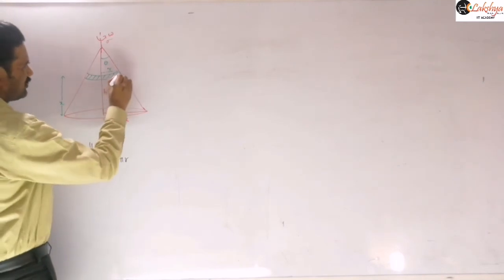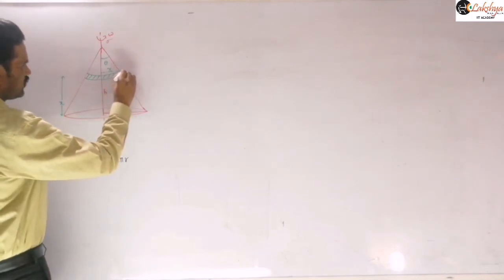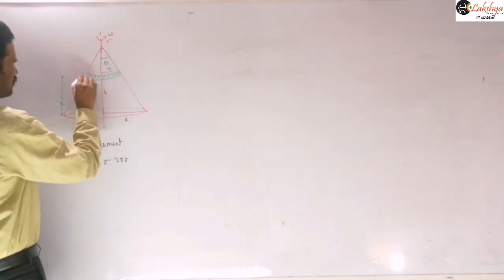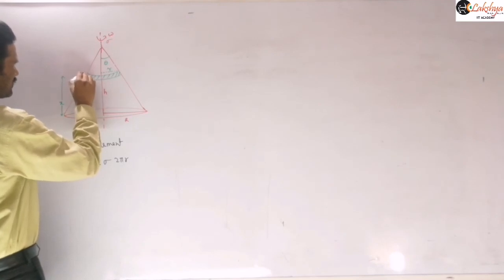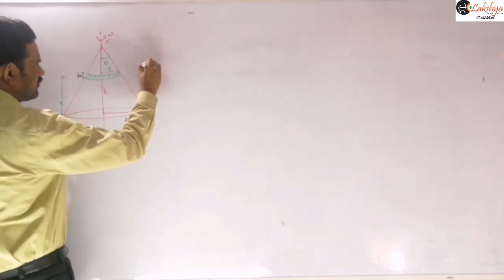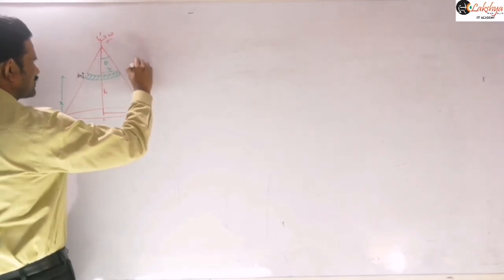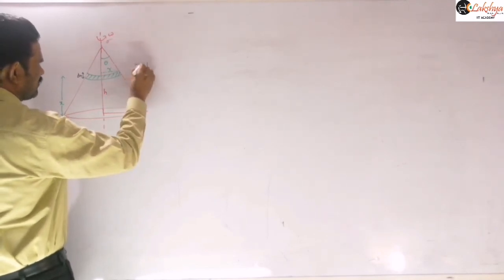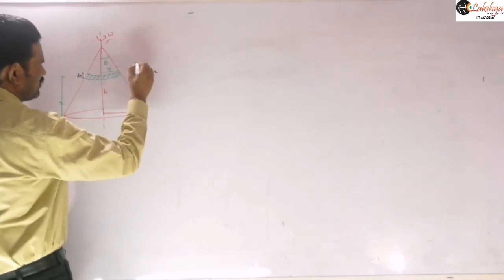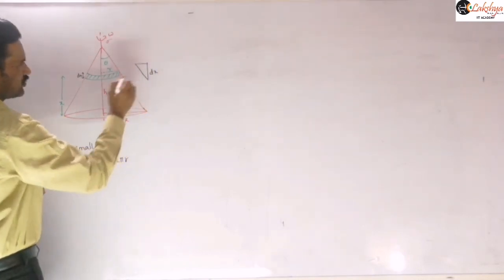So width of this element, along this direction you will get this as dx. That means I will draw here clearly. So this element width is dx, and this is the element what we need there. So this is our dx value.